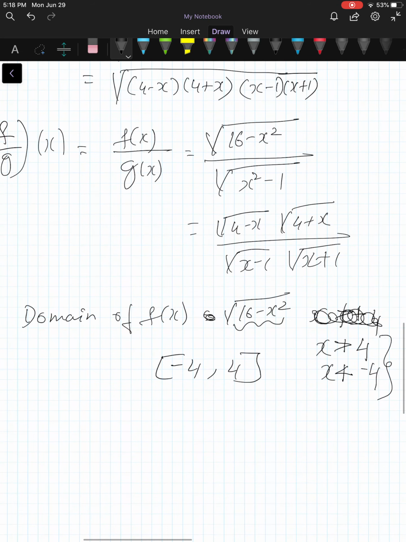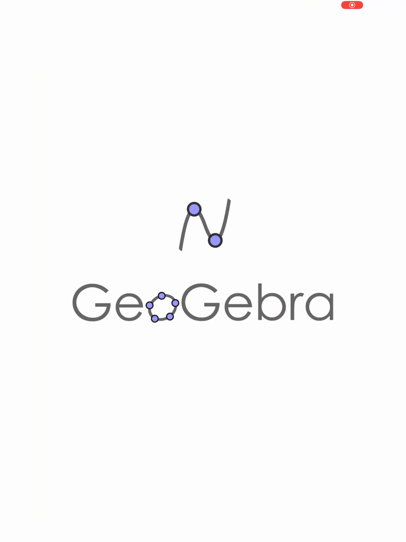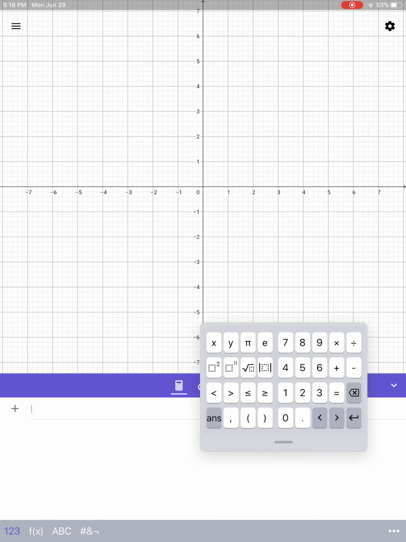Correct? So then speaking about the domain of g of x, we can also use a graph for this. So I will use a graphing calculator just to break the monotony. So g of x is y equal to square root of x square minus 1.